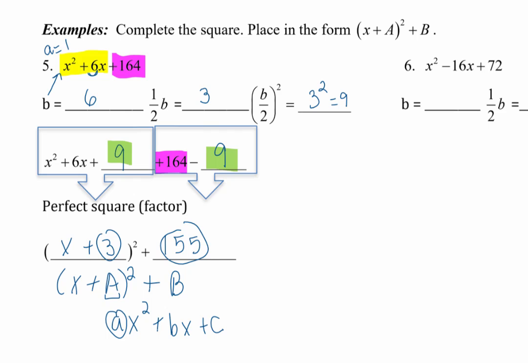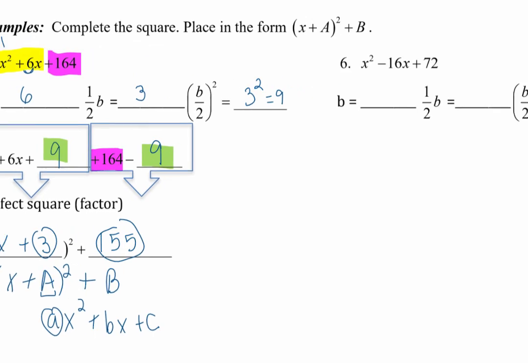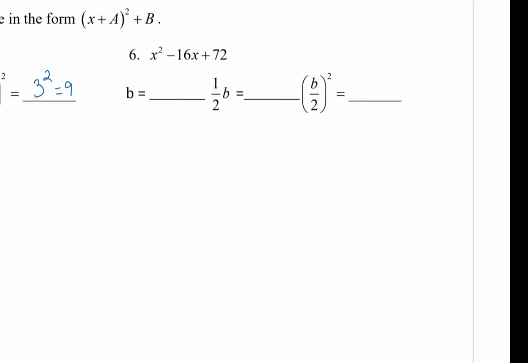Let's go to number 6. We're starting again here with a trinomial, but we're going to look at the first two terms and complete the square with them. So we're going to ignore the 72 for a minute.